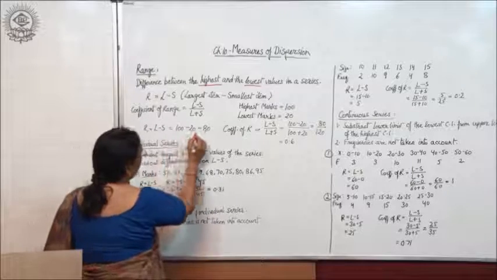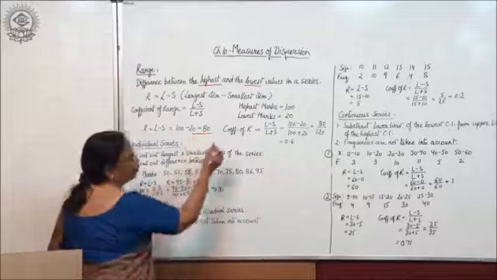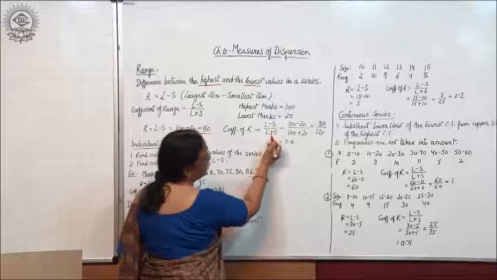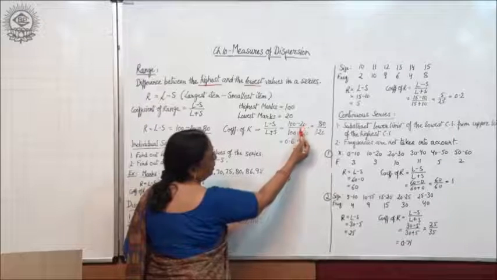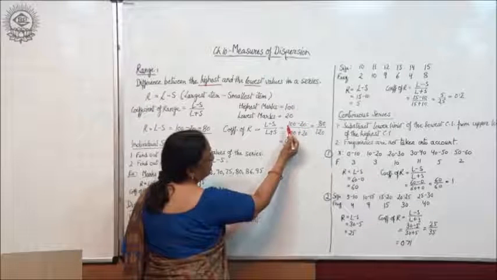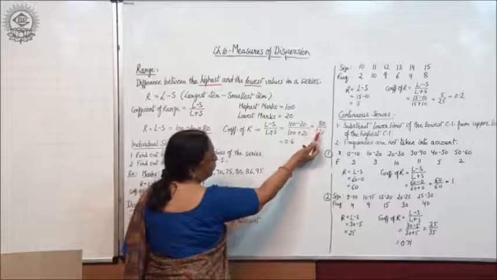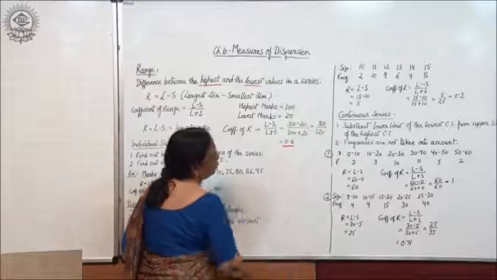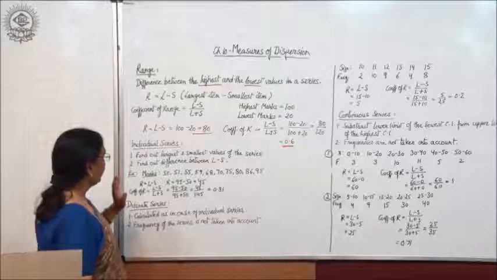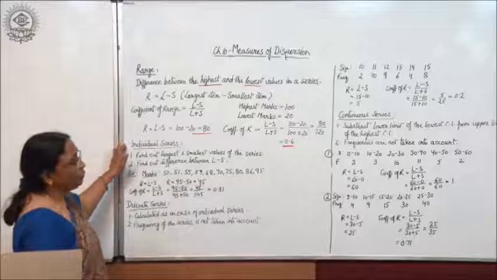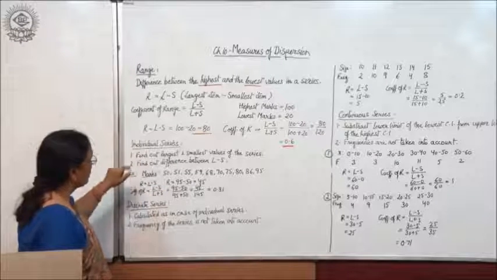So, this way range is calculated. Coefficient of range is L minus S upon L plus S. L is 100, S is 20, L plus S is 120, so 80 upon 120, and this is the coefficient. Very simple to calculate.